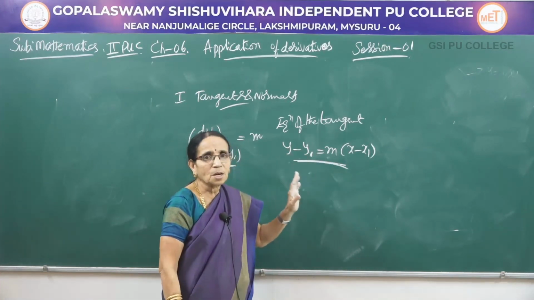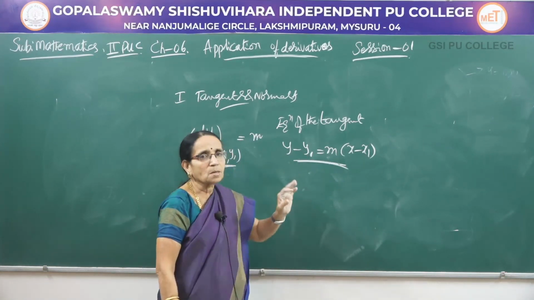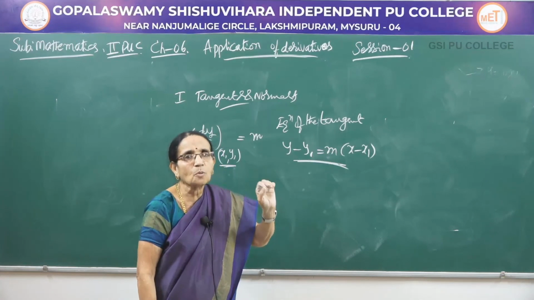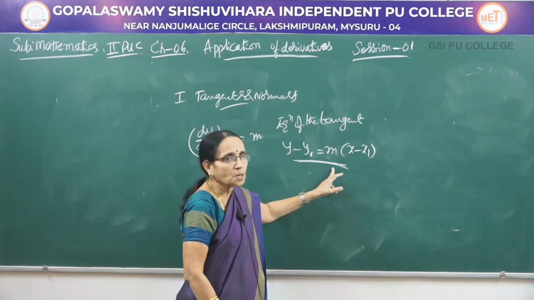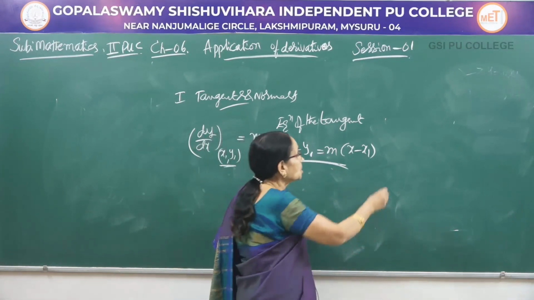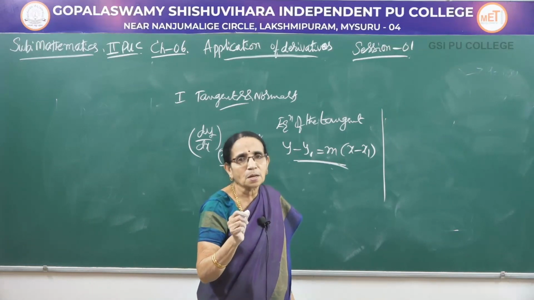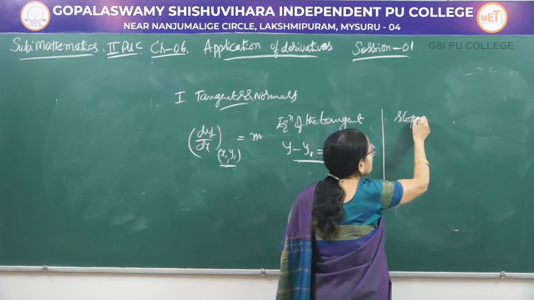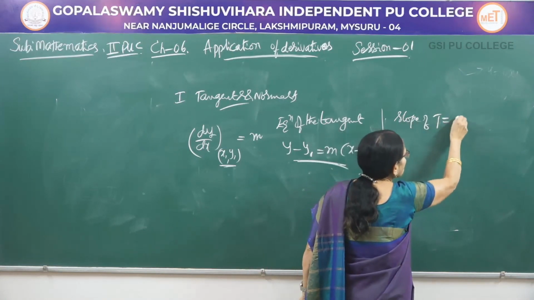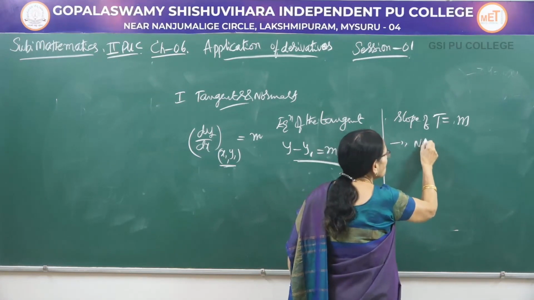So, when you differentiate the function and substitute the value, the number that we get always gives you the slope of the tangent. So, the equation of the tangent can be obtained using this formula. Now, just now I told you normal is a line perpendicular to the tangent. When the slope of the tangent is m, what can be the slope of the normal?